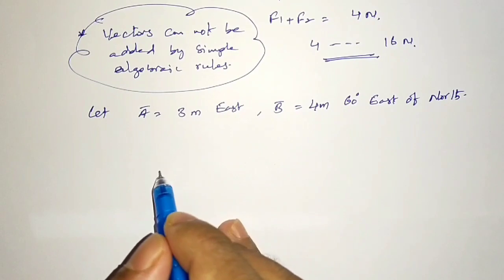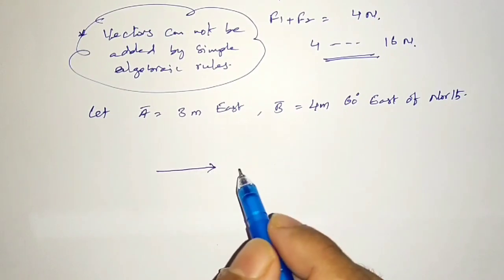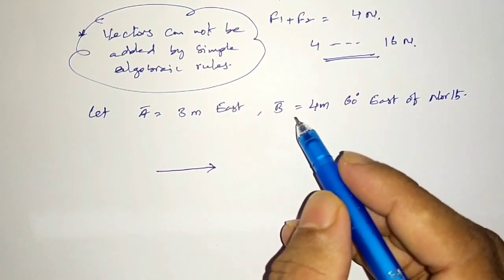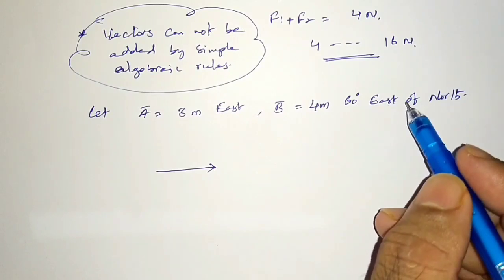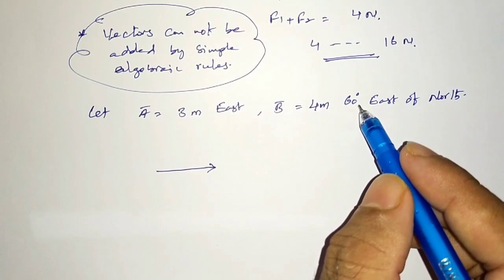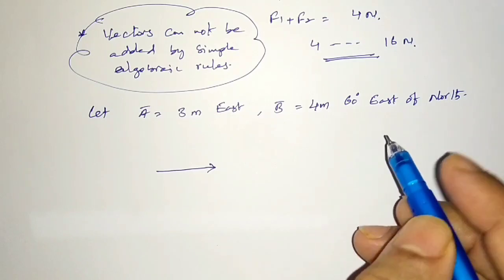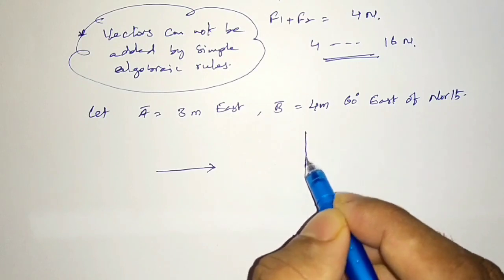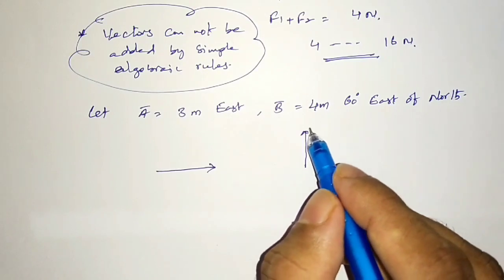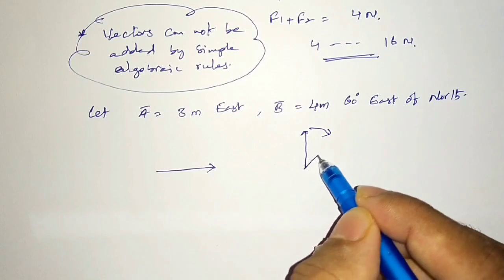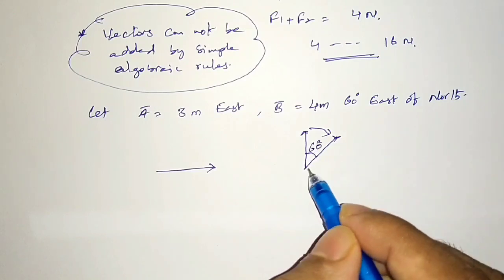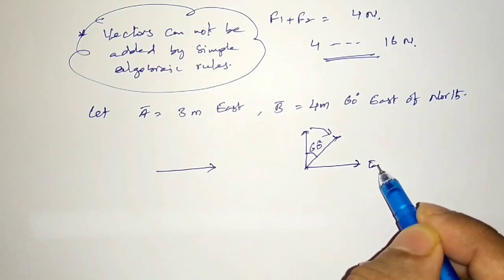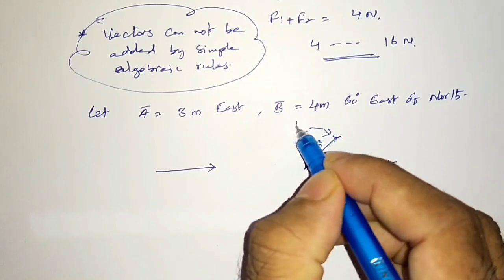First I am drawing vector A. This is towards east, and vector B is 60 degrees east of north. That means the vector is moved 60 degrees from north towards east, right? So suppose this is the vector B, it is rotated through an angle 60 degrees towards east. Understood?